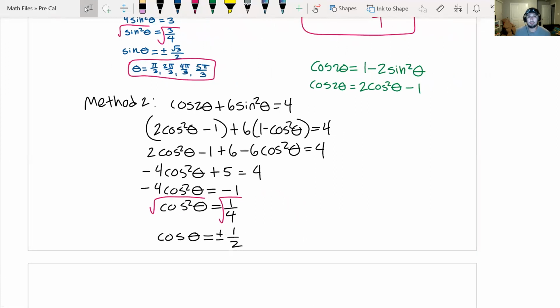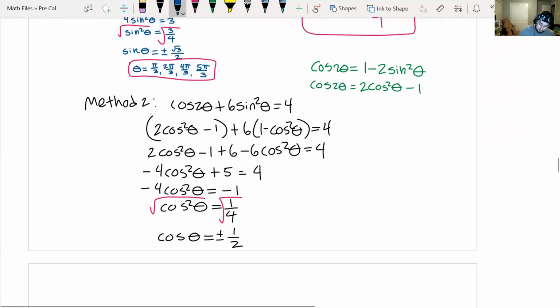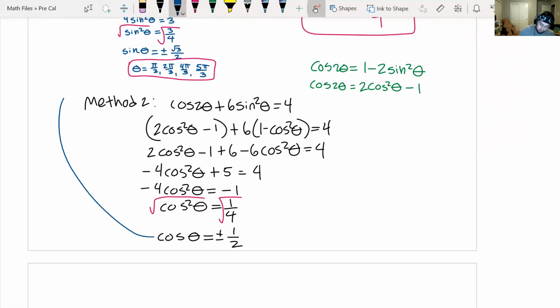And now we ask ourselves, where on the unit circle is cosine positive 1/2 and is cosine negative 1/2? And guess what? It's the same values of theta. Pi over 3, 2 pi over 3, 4 pi over 3, and 5 pi over 3.